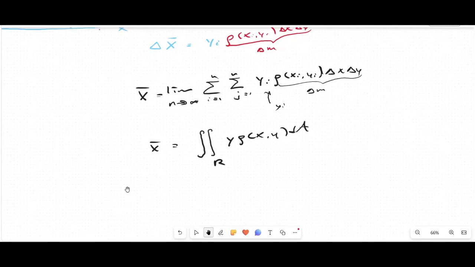And this quantity has a name: the first moment about the x-axis.